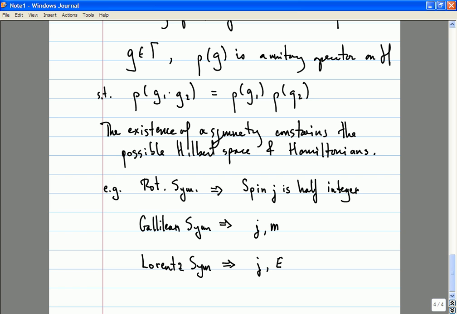If you're studying a crystal, then the symmetries might be the group of crystalline lattice symmetries associated with the crystal structure, and then you would use that to constrain the possible physics that would result. We'll see a simple example of that, probably not this class, but possibly later in this class, when we discuss the band structure of metals. But let me pause here and see if there are any questions.